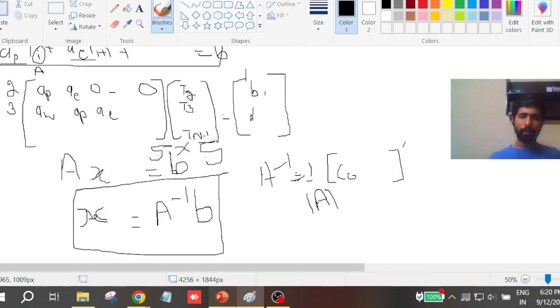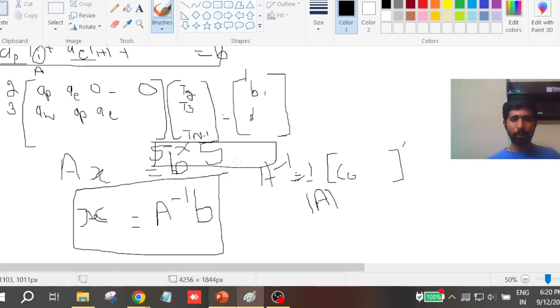For 3 cross 3 only, you know how difficult it becomes to put all these elements in the cofactor matrix. But when it is 5 cross 5, how will you do that? With pen and paper it becomes very difficult. Even a computer can handle these things in an easier way. Determinants can still be calculated by a computer.